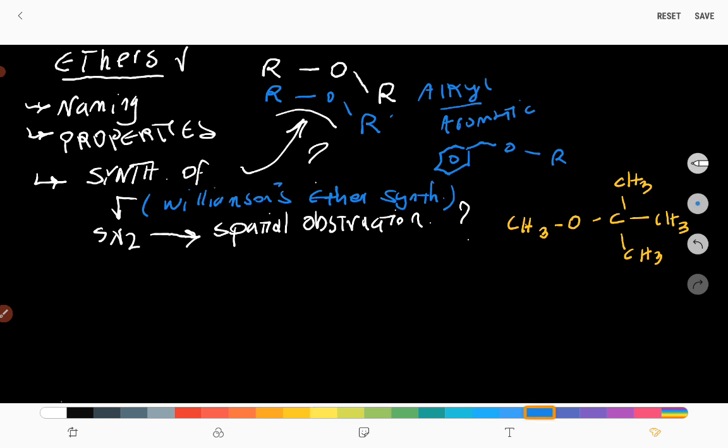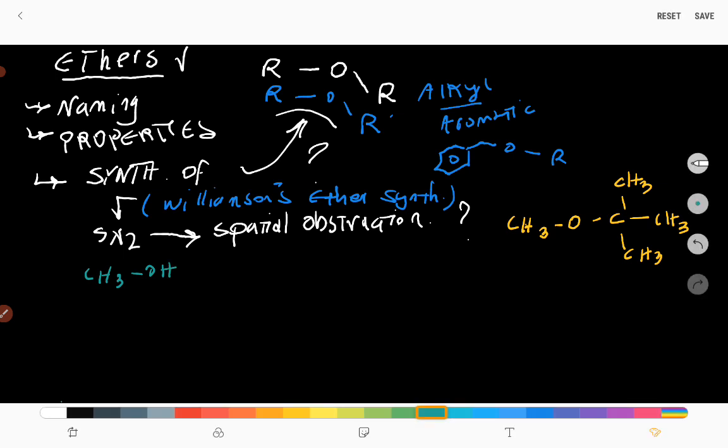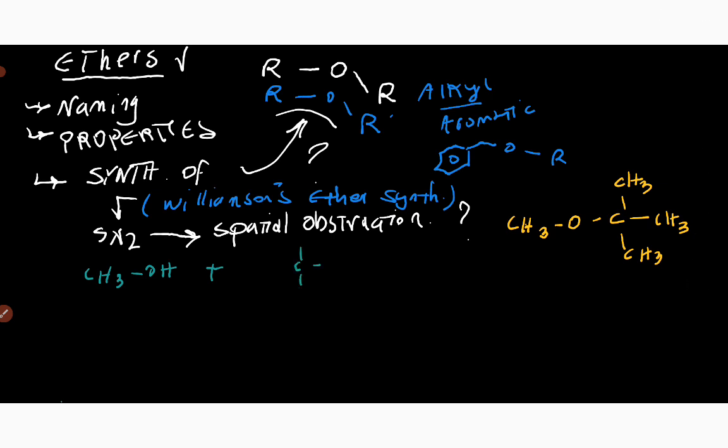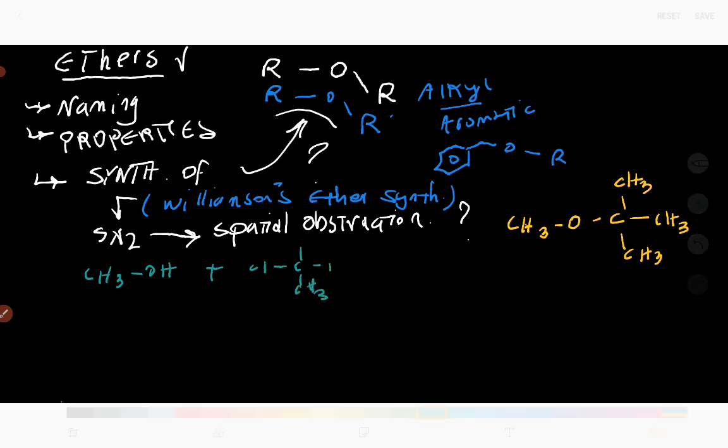You have one way, for example, from methanol as your alcohol, and tertiary butyl chloride as your alkyl halide.